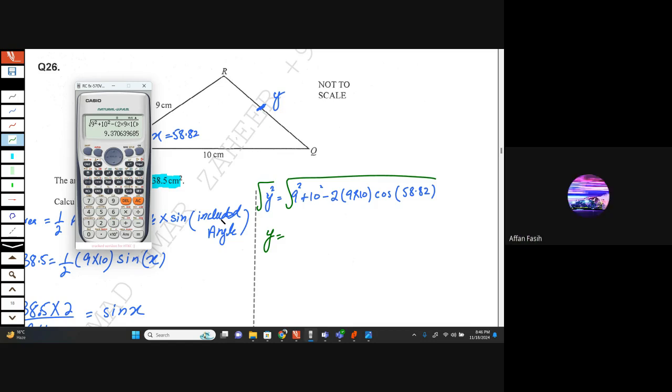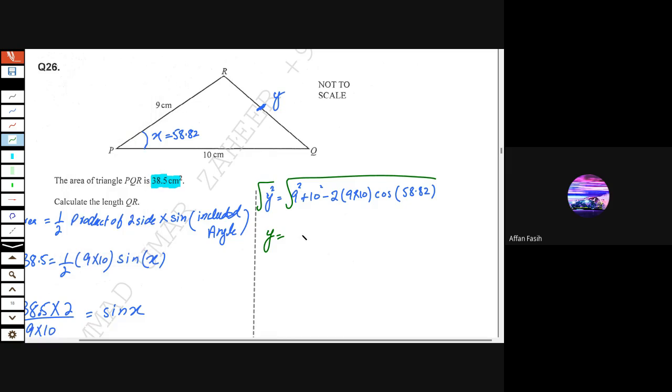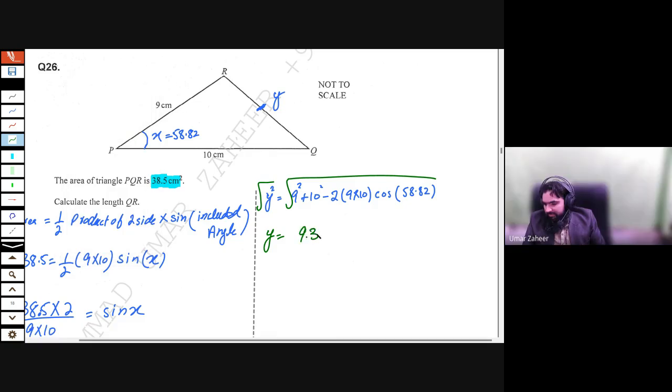Yes, sir. 9.37 centimeter is the side of this one. That is QR. So QR is equal to 9.37 centimeter.